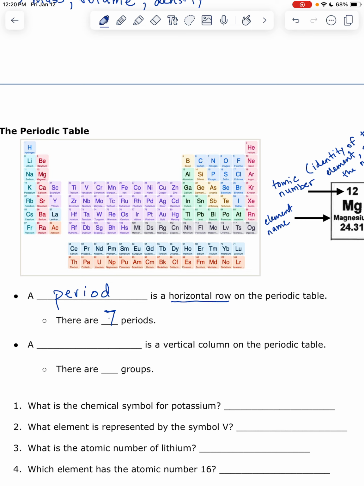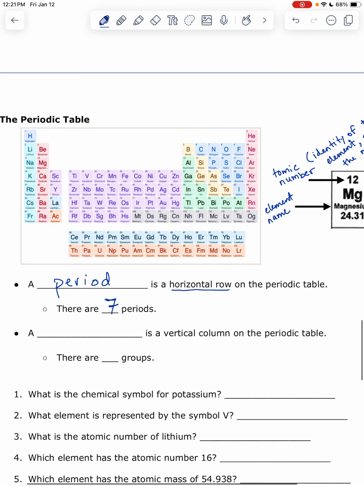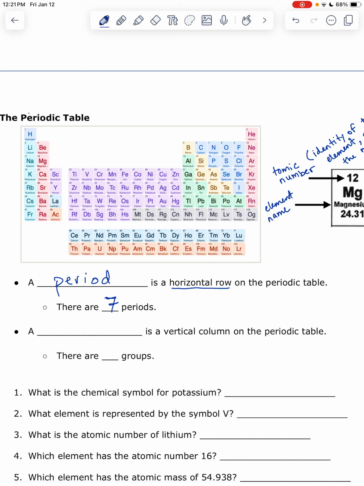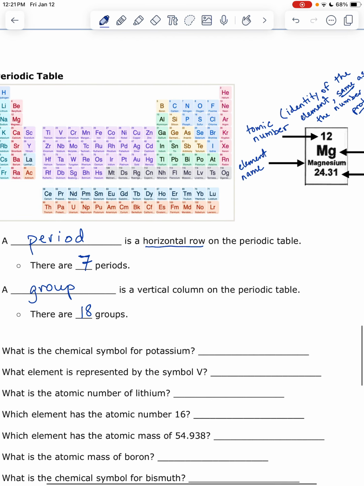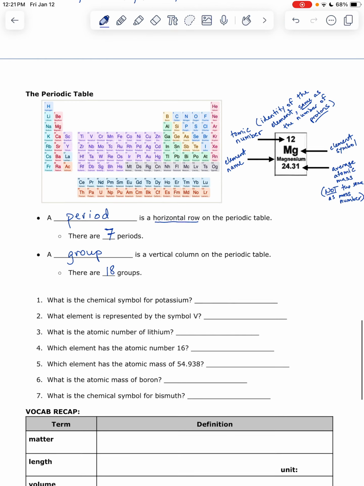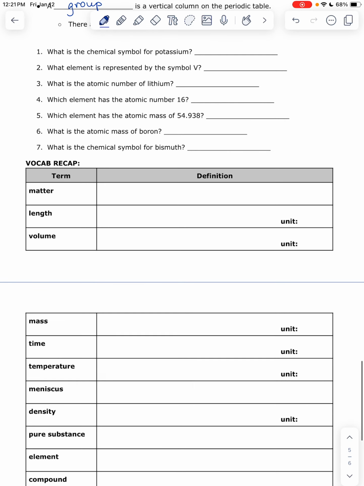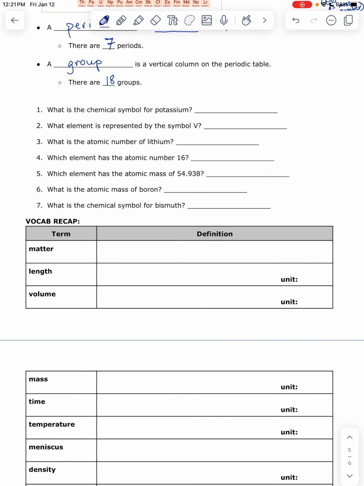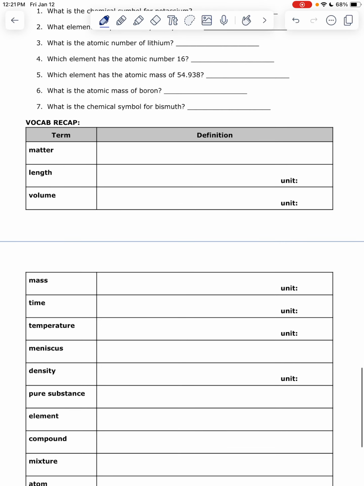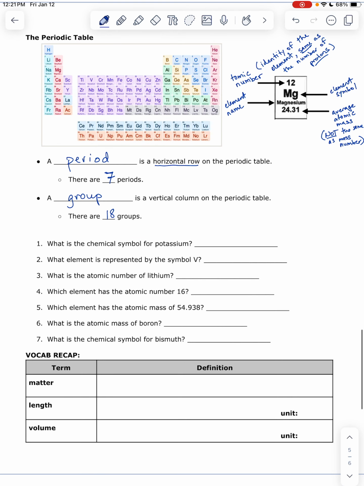There are a total of 7 periods, 7 rows. And a group is what we call these columns, right? So as we go through, you have these up on your periodic table as well. A group is a vertical column. There are 18 groups. So we're just going to do a very quick scavenger hunt. Then all of this is going to be just a vocab recap in terms of what those terms are and what they represent.